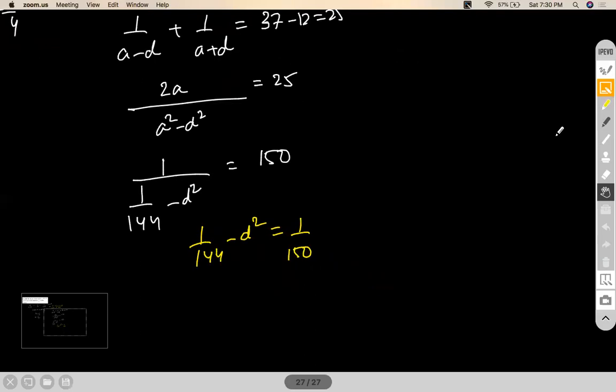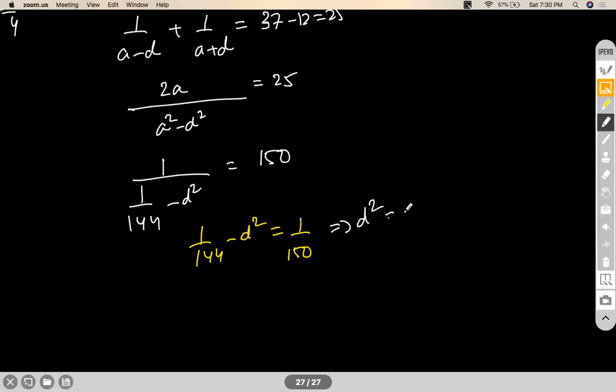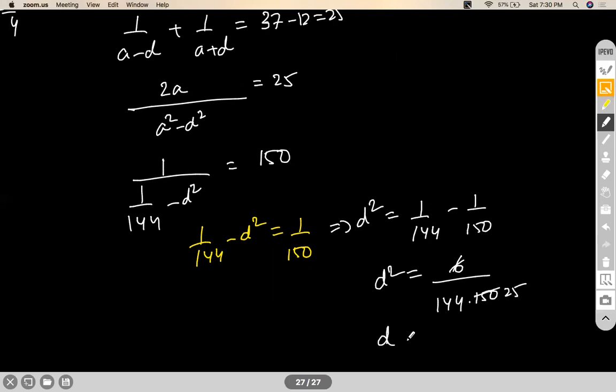So D squared is 1 by 144 minus 1 by 150, that is nothing but 6 by 144 into 150. By the way, 150 you can write like this. So D is nothing but 1 by 12 into 5, plus minus. So it's plus minus 1 by 60.